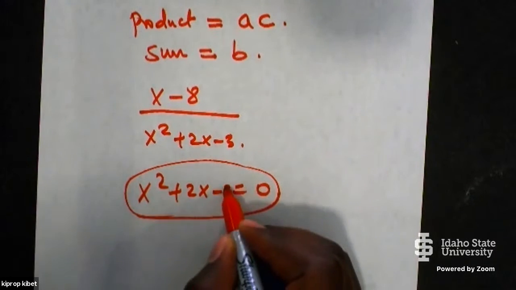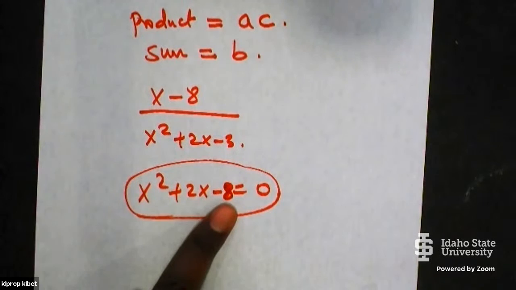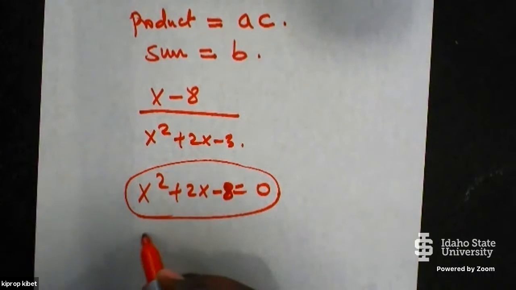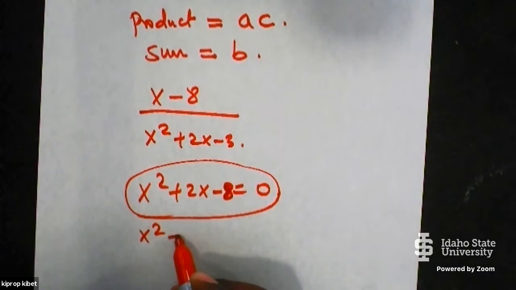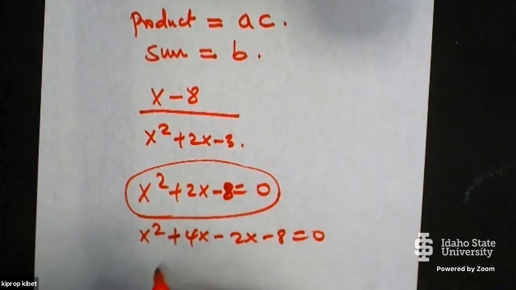Is this 3 or 8? The product is -8. What are the two numbers? You can get the two numbers there, and the two numbers can be 4 and 2. So x squared plus 4x minus 2x minus 8 equals 0.